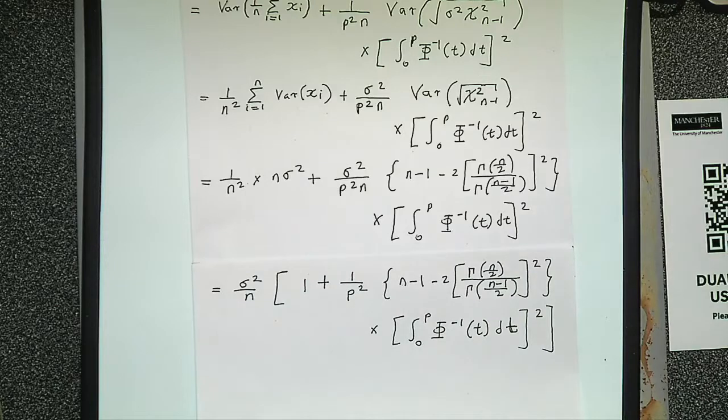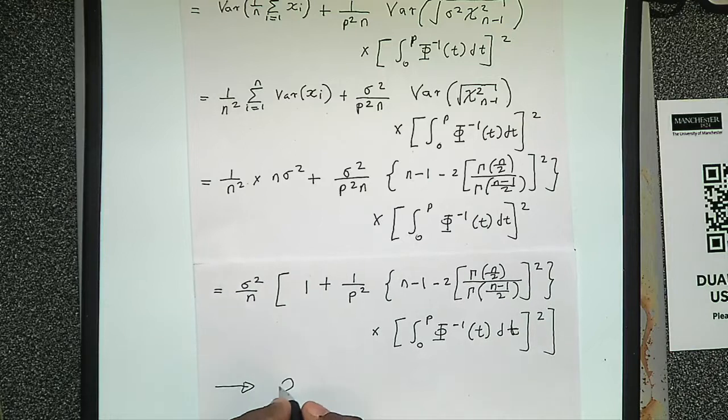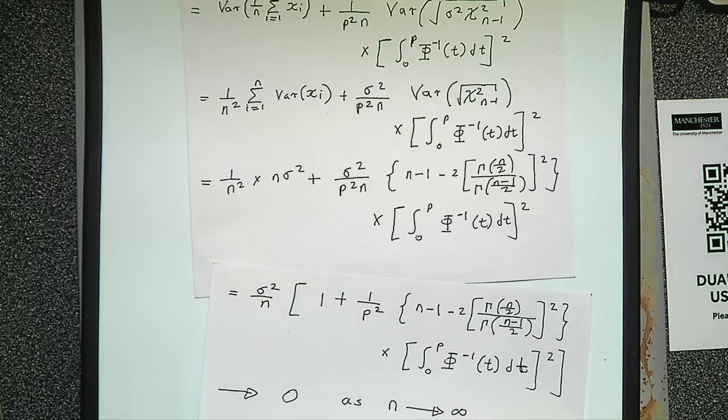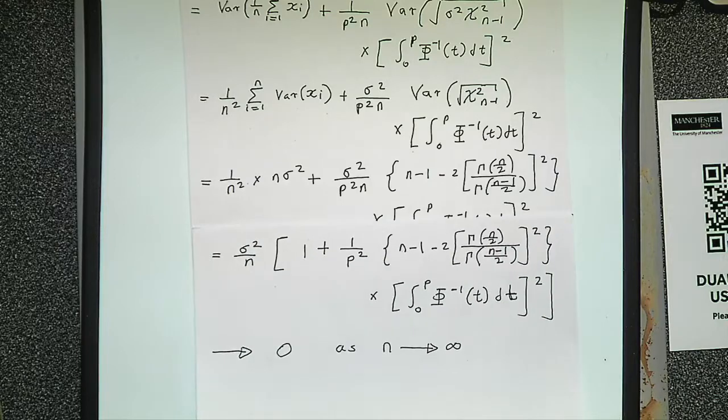Now, after some more mathematics, it can be shown that as n goes to infinity, this goes to 0, right? Again, I don't expect you to be able to show that, but if you can, that's great.